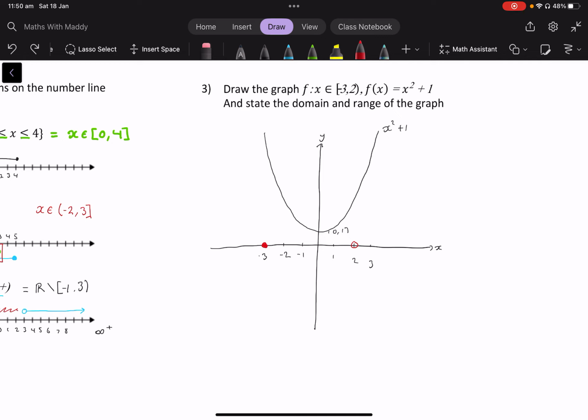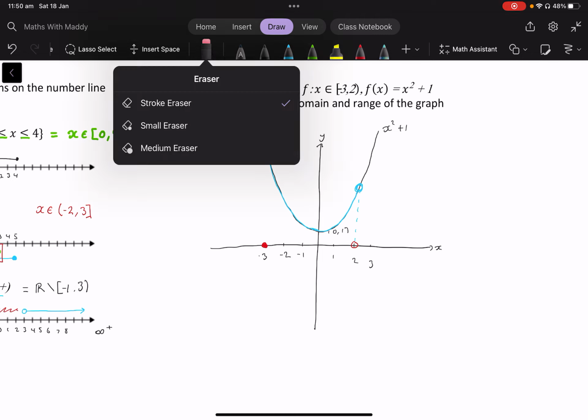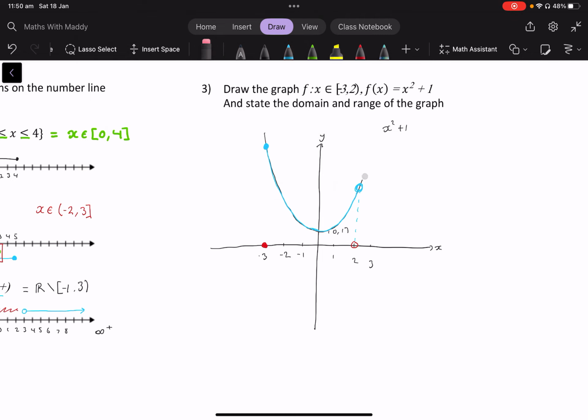So what you want to do is trace up to the graph, and you can see that we're excluding here because the value x equals 2 does not exist based on our domain. And we're including 3. And all you have to do is connect the lines. And then we can see that this is what our graph will look like.